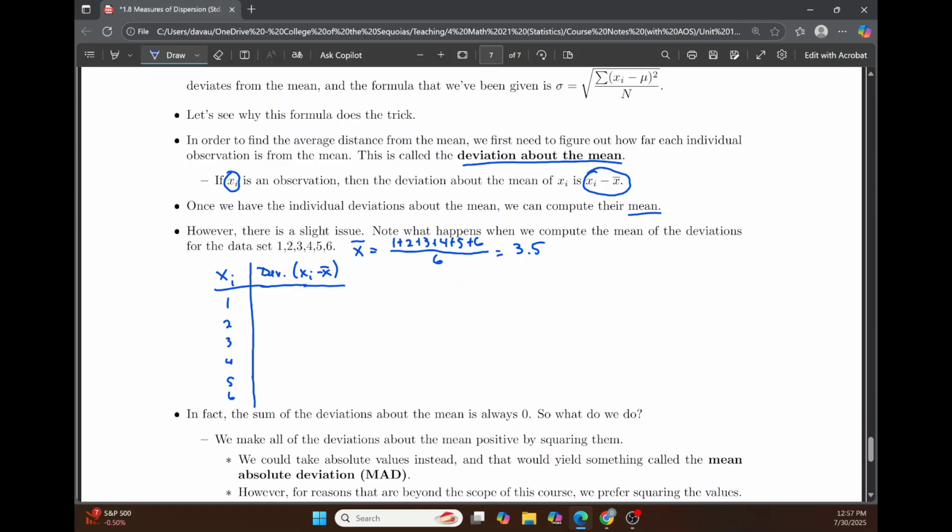So what we want to do is do the observation minus the mean, right? So that's going to be negative 2.5 in this case. Then 2 minus the mean is negative 1.5. Then 3 minus the mean is negative 0.5. And so forth.